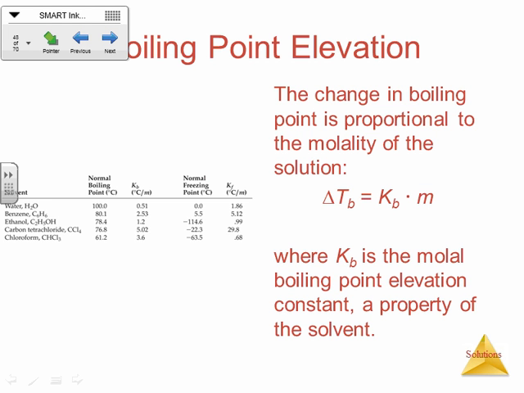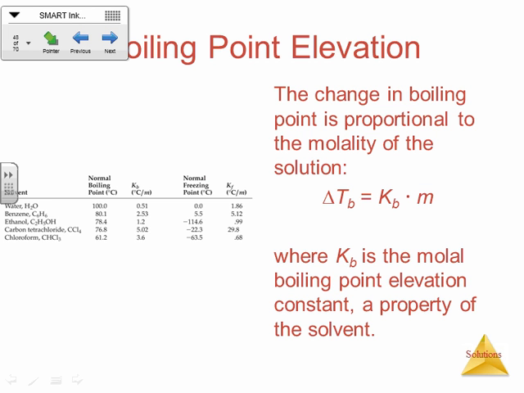So this is a fairly simple formula. If you want to know the change in the boiling point temperature, now this is the change in the boiling point temperature, so we have to do something after we find this delta T. We'll talk about that in a minute. There's a boiling constant for each given solute, okay? And then there's a little m here, stands for molality, not mass.